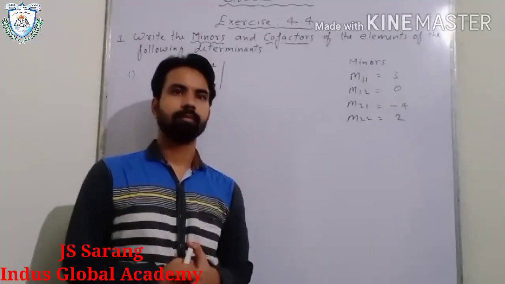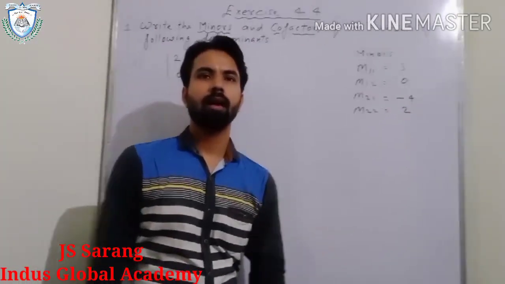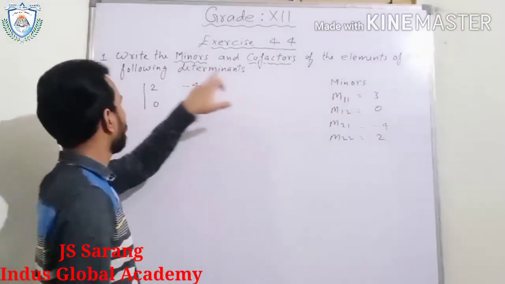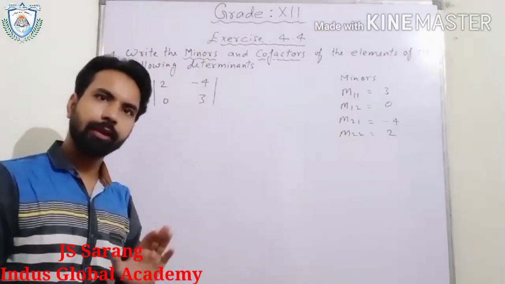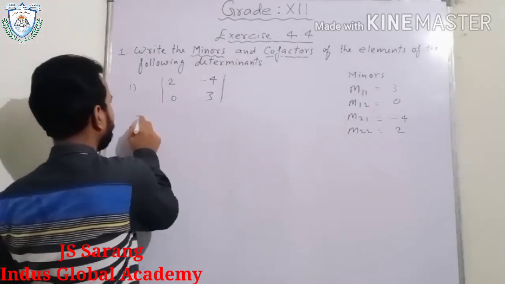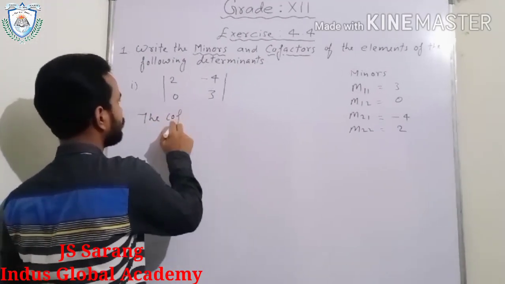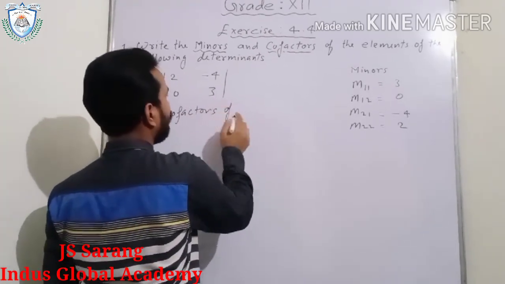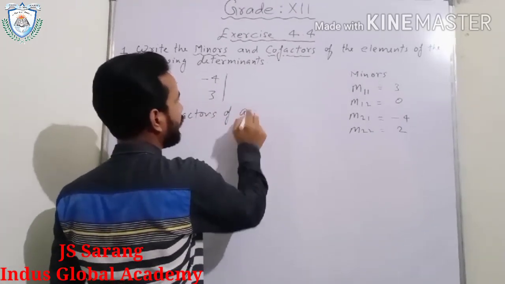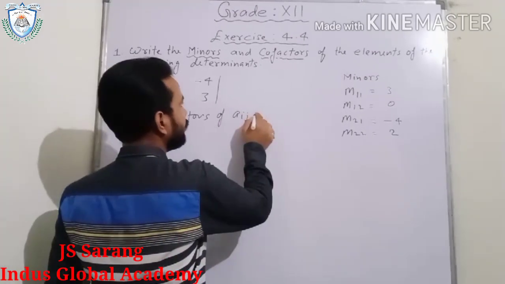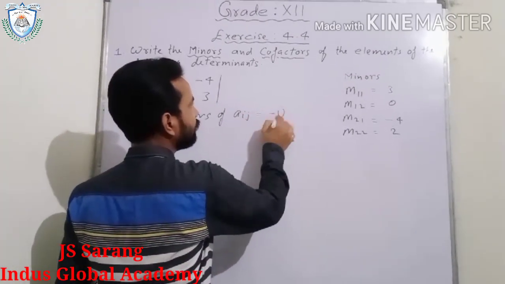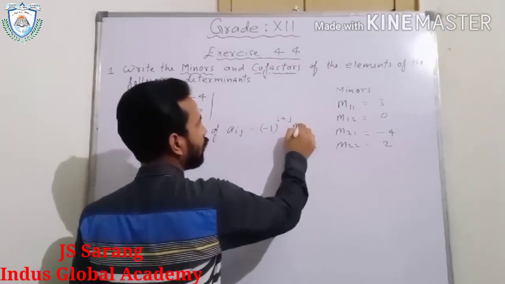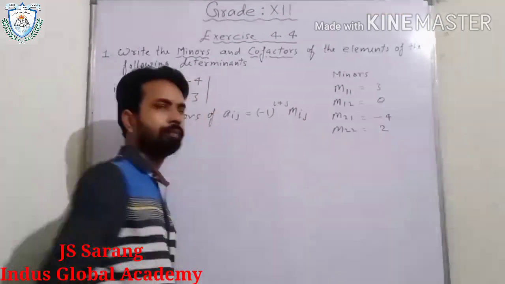Good. Now students, I will explain you how to find the cofactors of the elements of the following determinant. Clear? So see, the cofactor of element Aij equals minus 1 to the power i plus j times Mij.